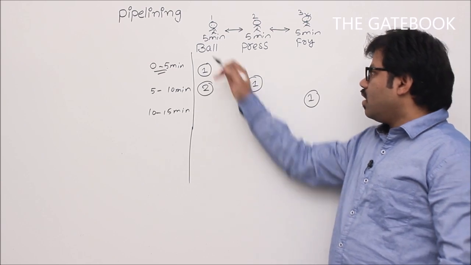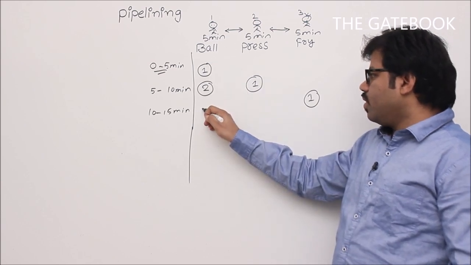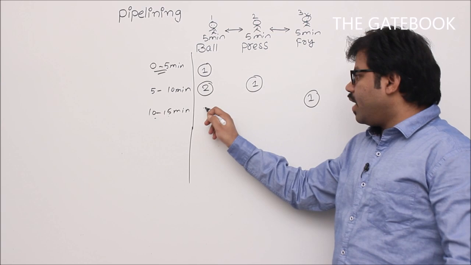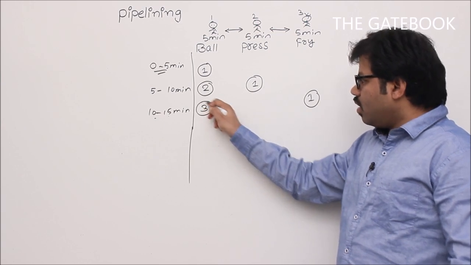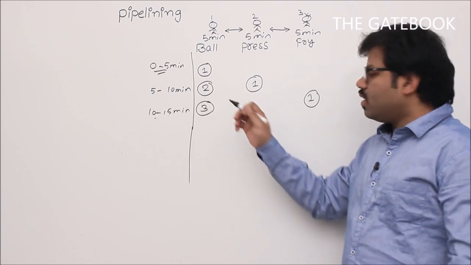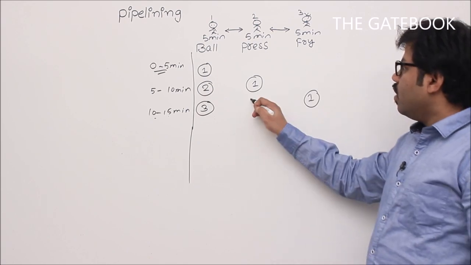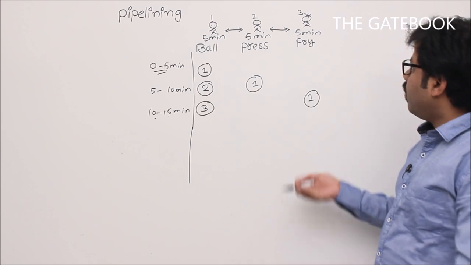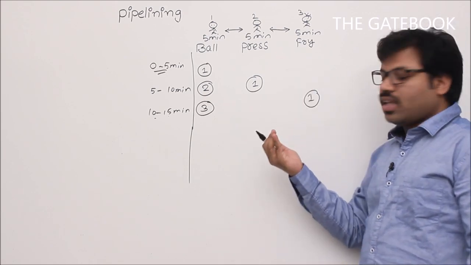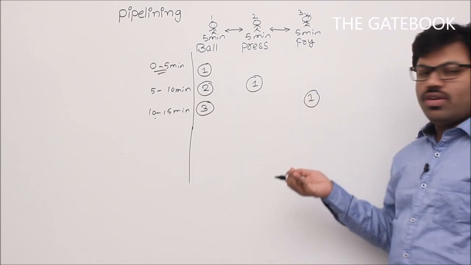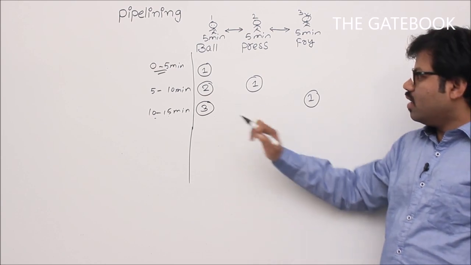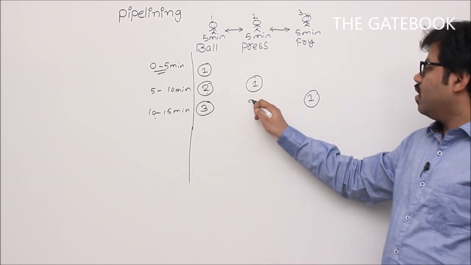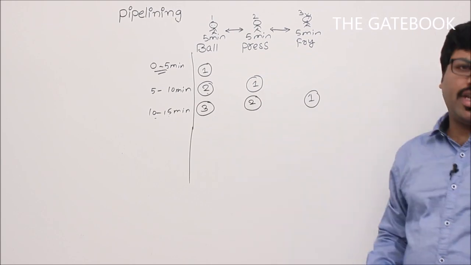Here also we ask, Raju, in the duration of 10 to 15 minutes, you pick up some piece of dough again and make a third ball. Then we'll ask, my dear Raju 2, why don't you press another ball? I don't have a ball. Don't lie. You have a ball, right? See here, ball 2. So second ball he can press.